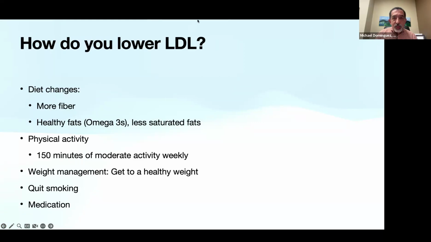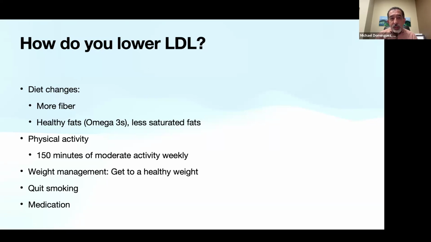So how do you lower your LDL? LDL is the bad cholesterol we talk about. HDL is the good cholesterol. So the LDL should be low and the HDL should be as high as you can get it. When it comes to LDL, it's primarily diet and activity: more high fiber foods and healthy fats like omega-3s.